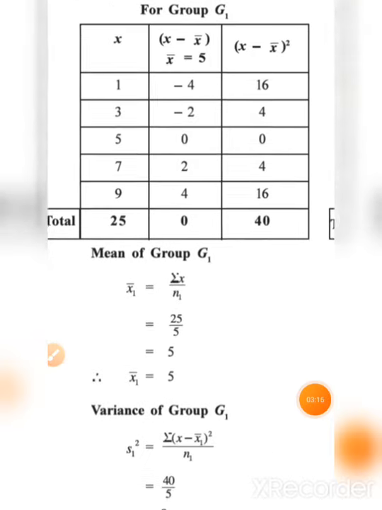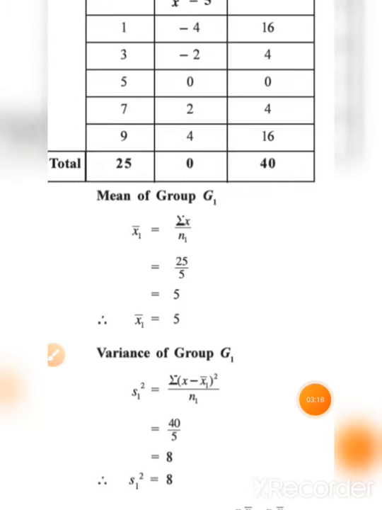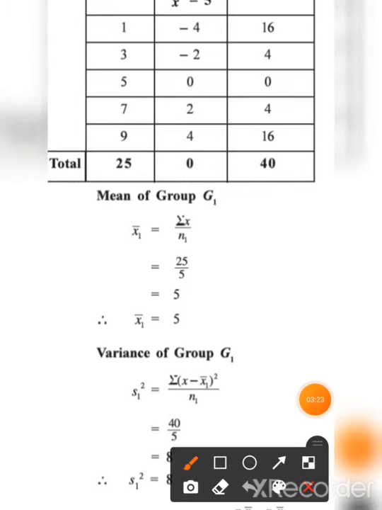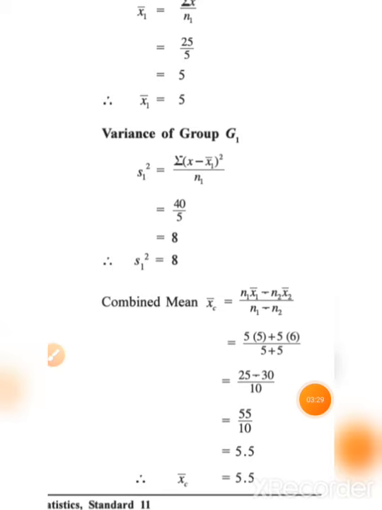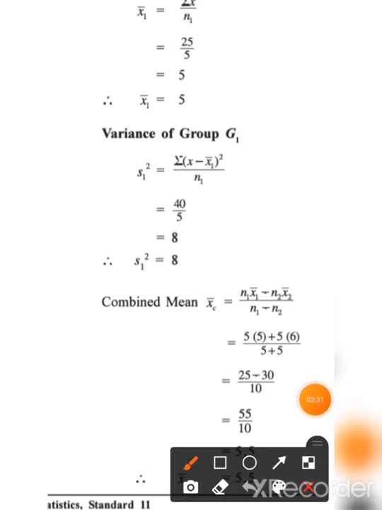So below you would find the formula for the variance, right? And as we have discussed, because it is of group 1, it is written as s1 square, right? And variance and s square both are one and the same.